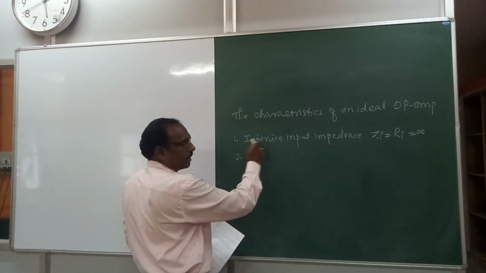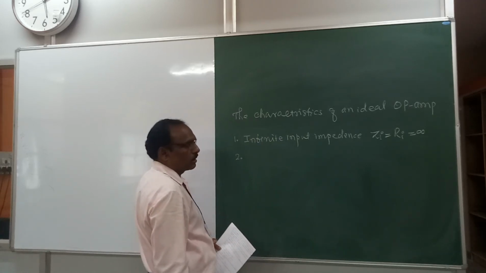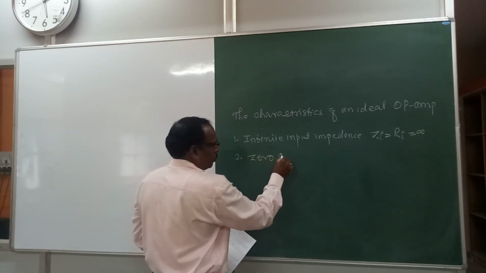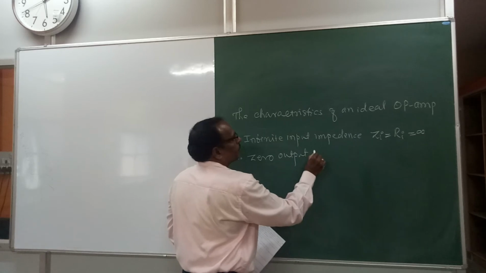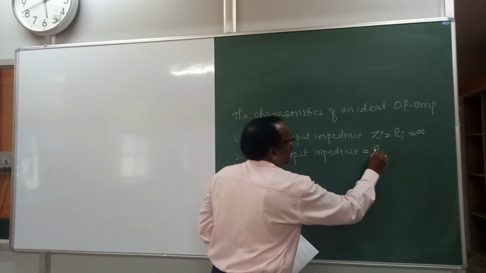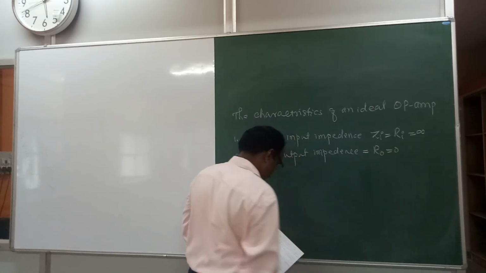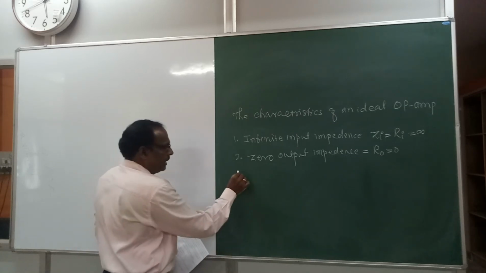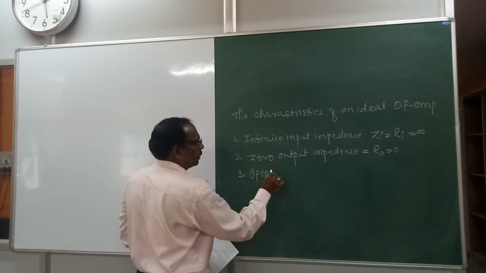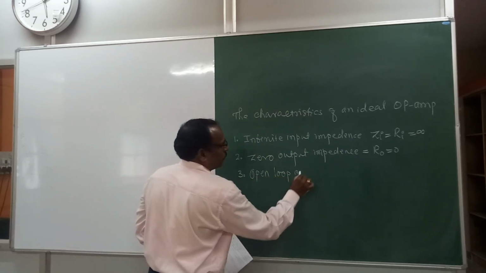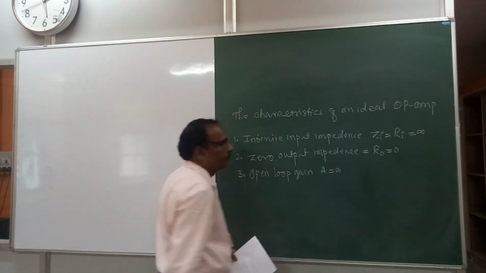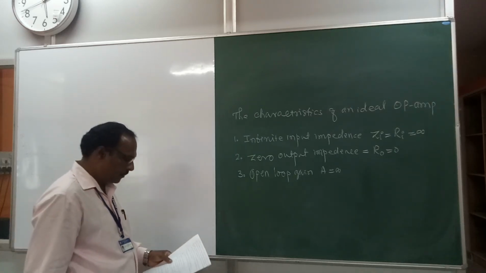Second, it is having very high input impedance, almost infinity in the ideal case. Zero output impedance, RO is equal to 0. For an ideal operational amplifier, the open loop gain, that is A, is equal to infinity. Open loop gain is infinity.